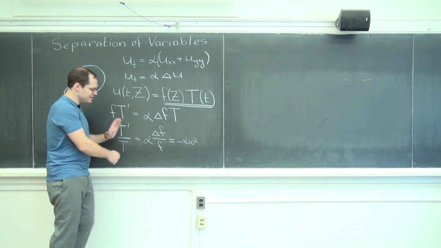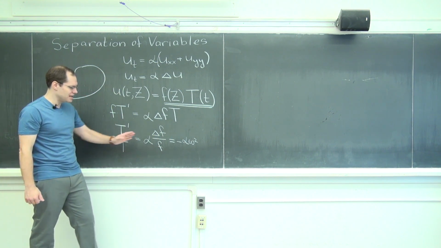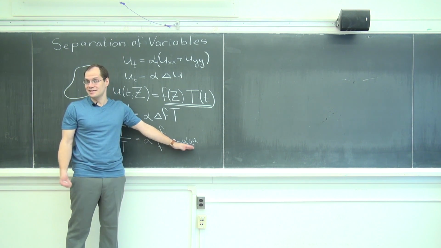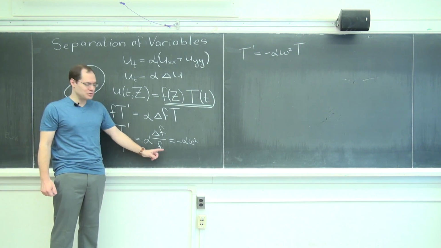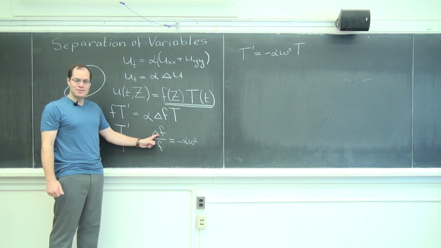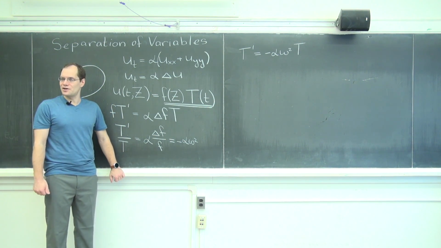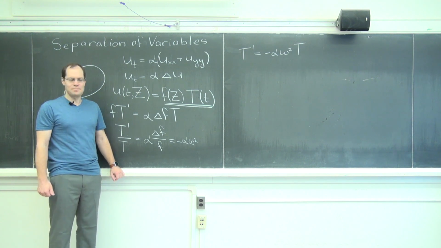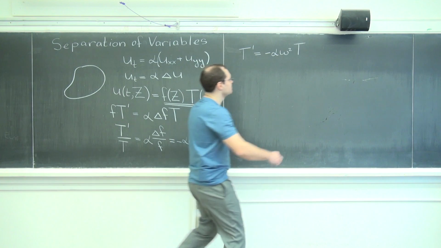T prime over T equals minus this. Okay, so that means that T prime equals this number times T. And for the spatial equation, we have alpha will cancel, and we'll have Laplacian of f equals minus omega squared f. Laplacian of f equals minus omega squared f.